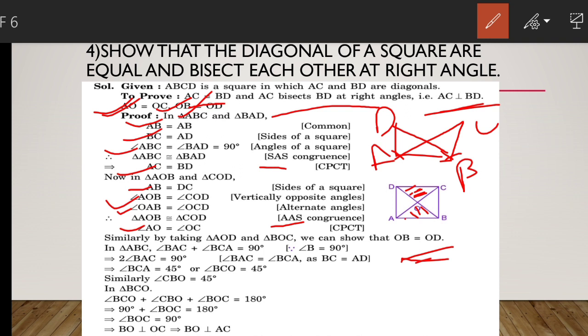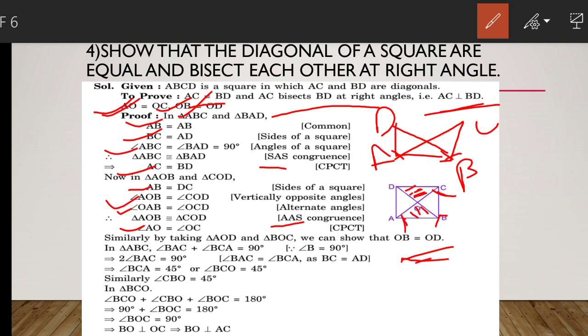Now, in triangle ABC, angle B is 90. Since this angle B is 90, angle A and angle C of triangle ABC together will give us 90.